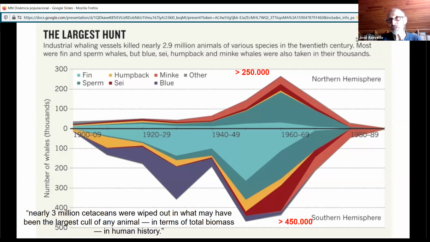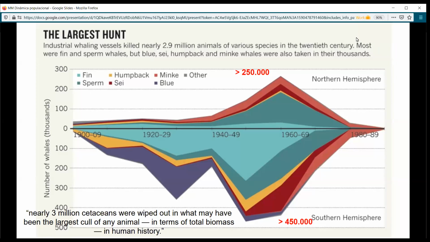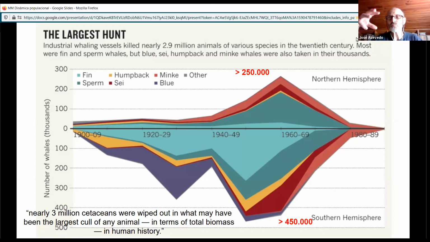And this made the populations collapse completely. So what you see there towards the end of the century was not due to moratoriums or the fact that the whaling was stopped. The fact was that there were no more whales to hunt.